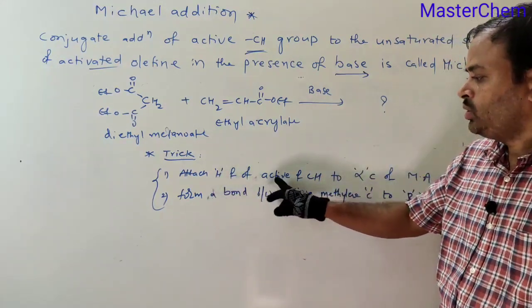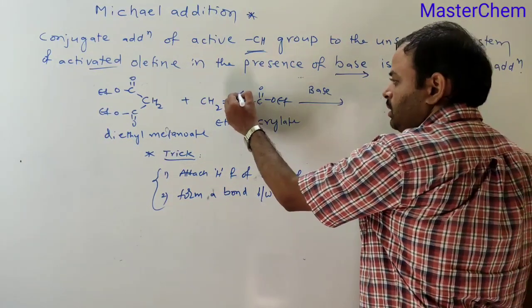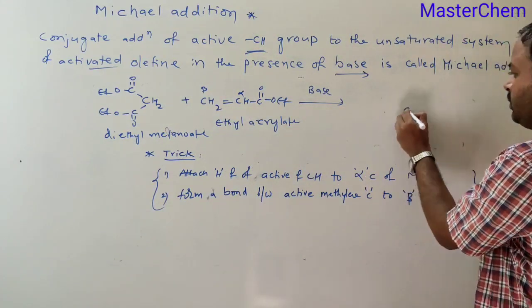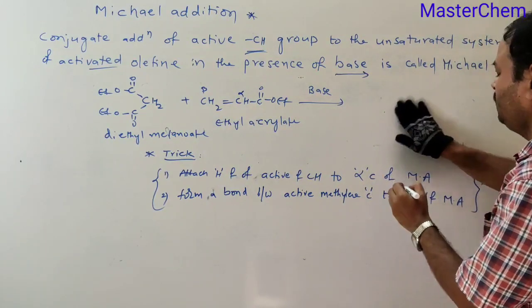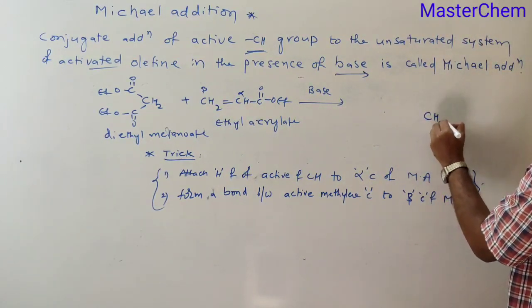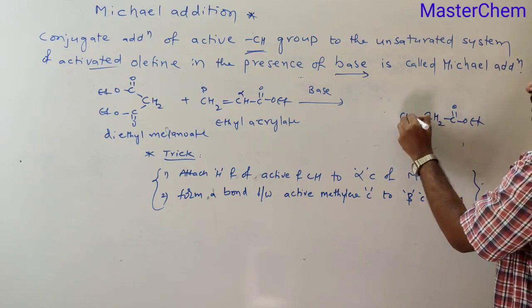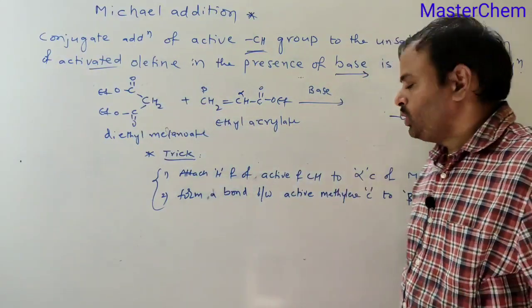Just attach the hydrogen atom of the active methylene to the alpha carbon. This is alpha, this is beta. So attach hydrogen on the alpha carbon, so that becomes CH2. Now this alpha carbon becomes CH2. Next, form a bond between the beta carbon and the active carbon.